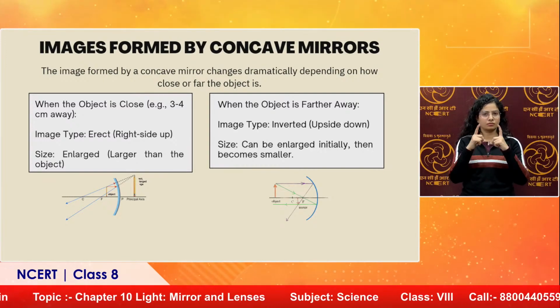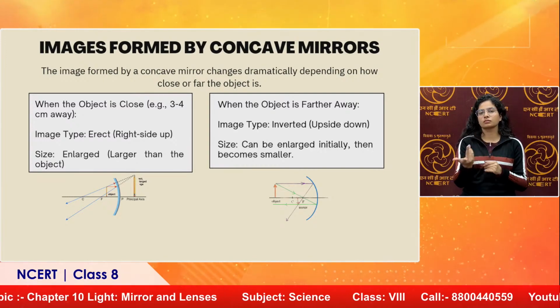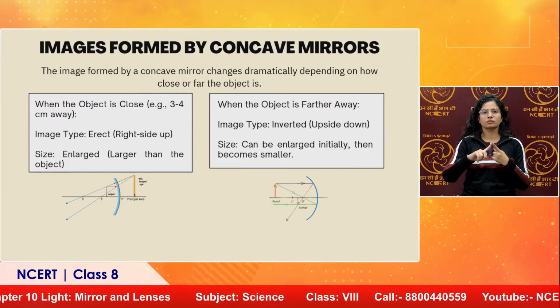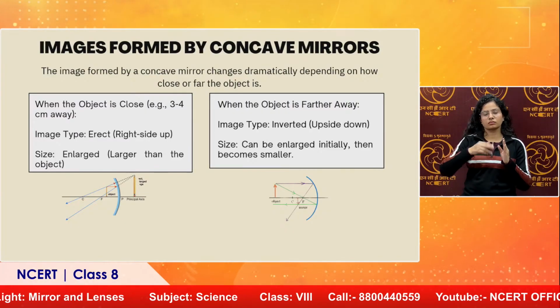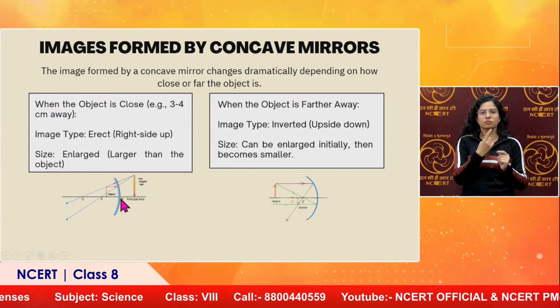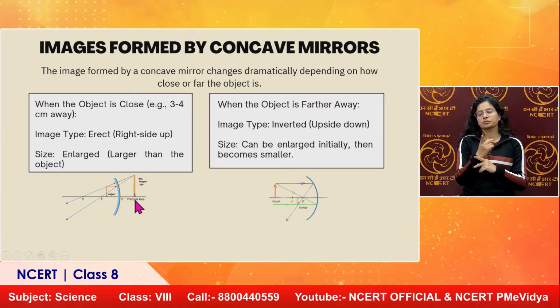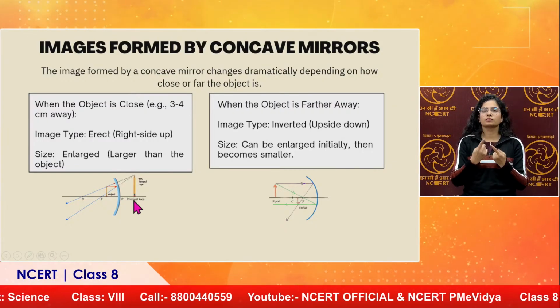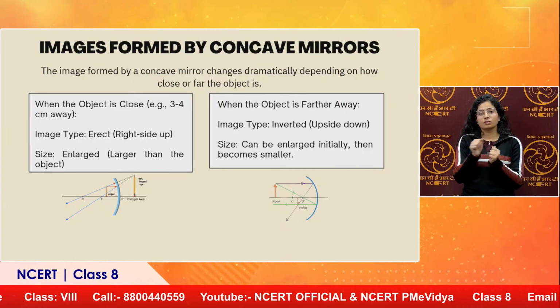We have just seen that concave mirrors majorly form inverted images, but when the object is placed close to the mirror, it forms an erect image, and it is enlarged, larger than the object.